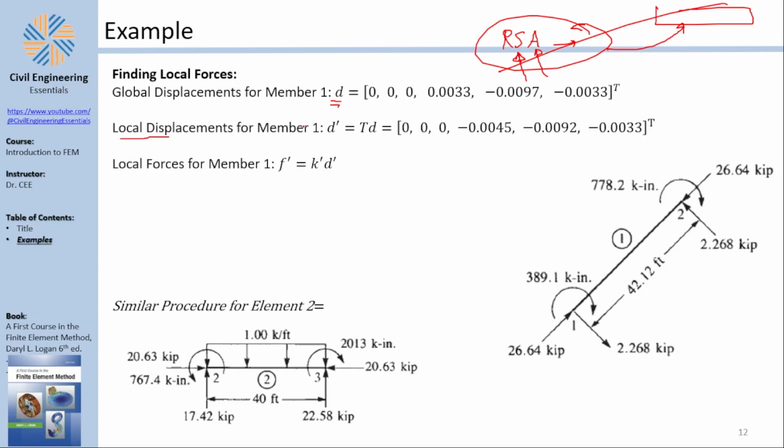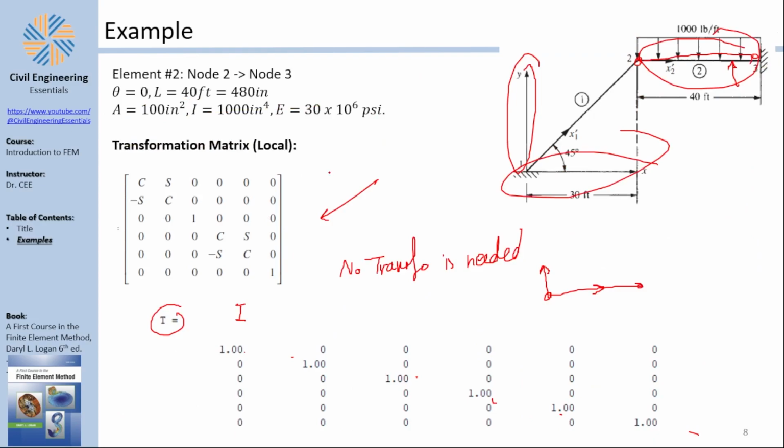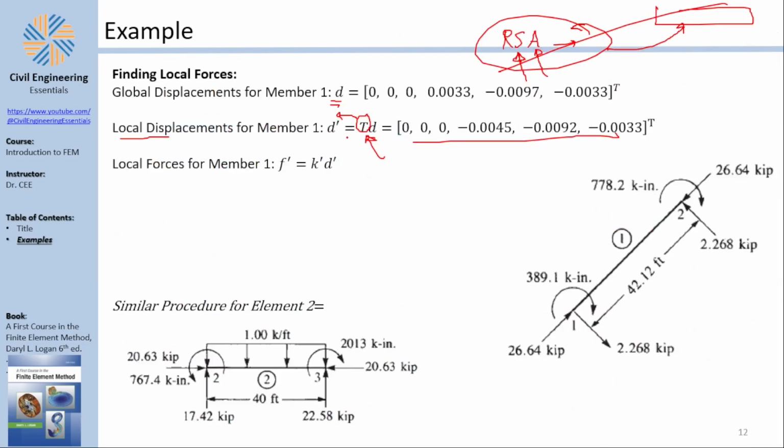Now if you want to find the local displacement of the element, all you have to do is take the global displacement vector and multiply it by the transformation matrix to get the local displacement. That's what I have done here. Of course, the transformation matrix is shown in one of my slides, and that's the reason why I love the approach of finding the local stiffness and transformation matrices and multiplying, because I need those elements in my calculations of the local forces.